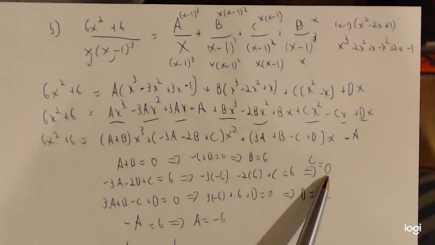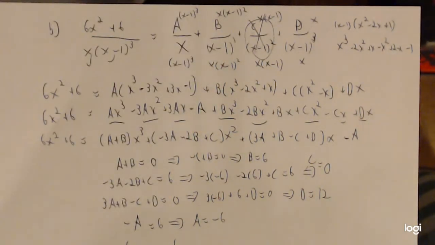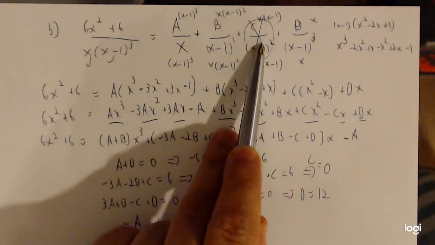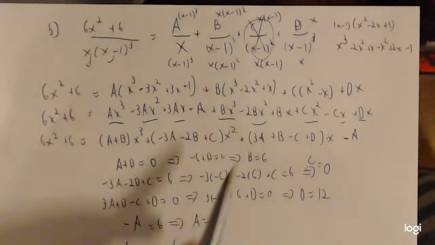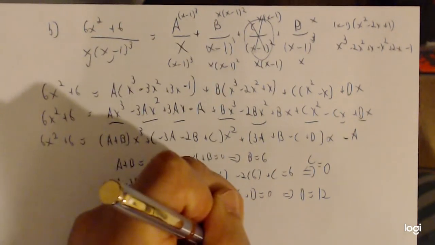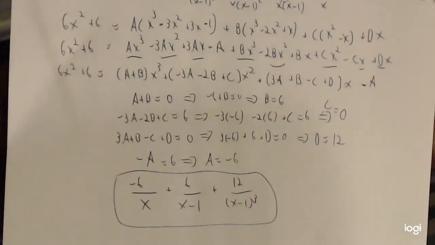C is 0. So guess what? This fraction wasn't a part of our partial fractions anywhere. So remember how I said earlier, we're going to write all the possible combinations. If one doesn't belong, it'll zero out. So in this case, that one didn't belong. And then what was d? D was 12. So it'll be 12 over x minus 1 cubed. Now there's my partial fraction for this problem.